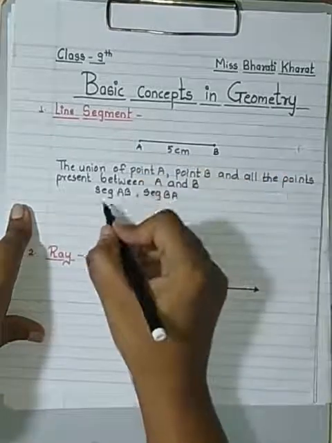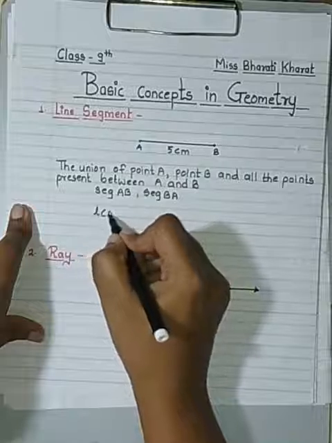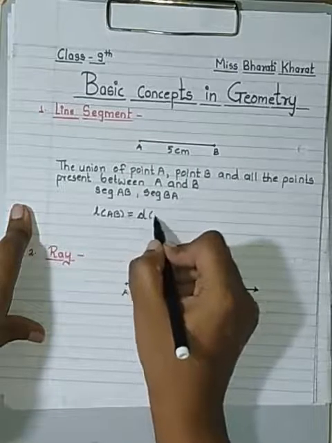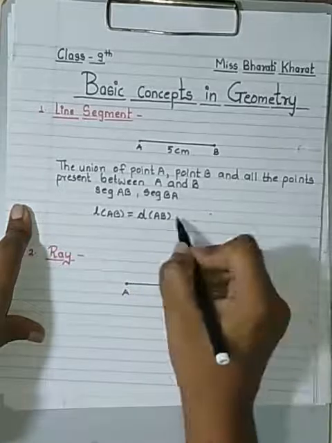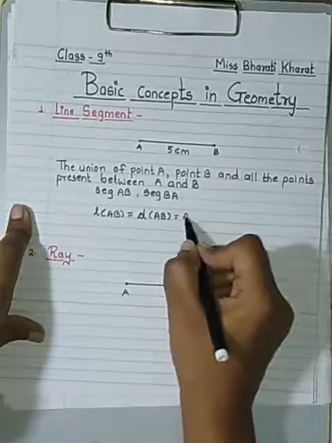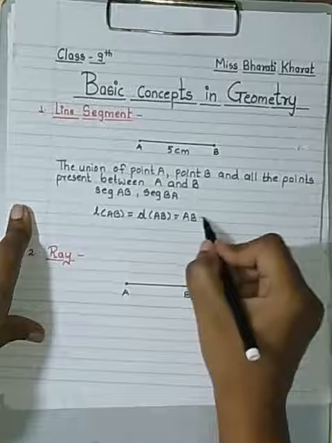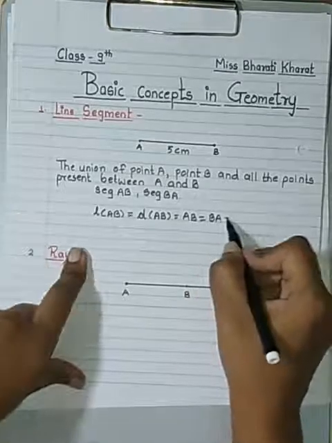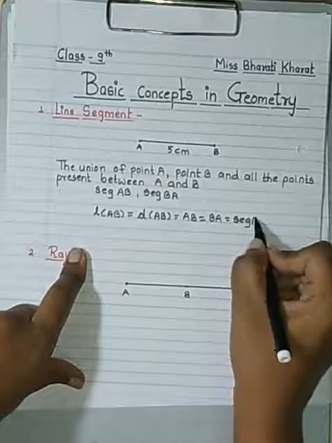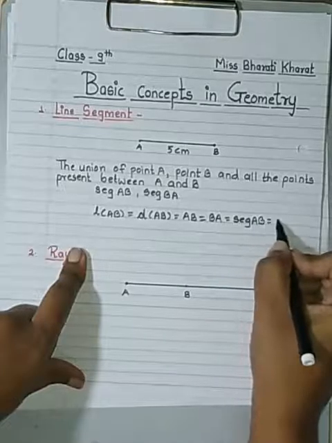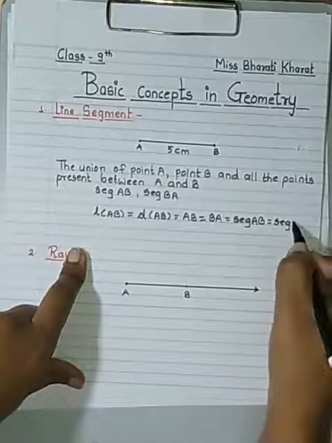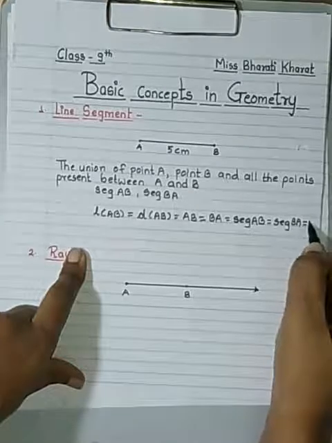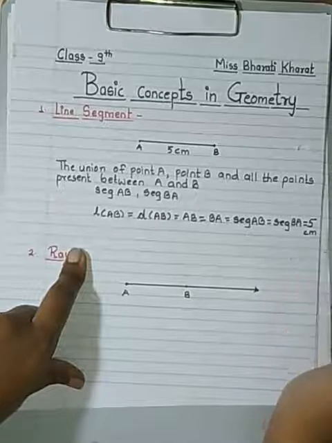Then you can read it as length AB, or distance AB, or simply AB, or BA, or segment AB, or segment BA is equal to 5 centimeters.